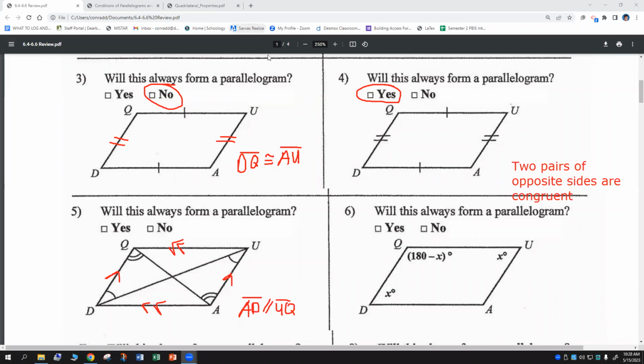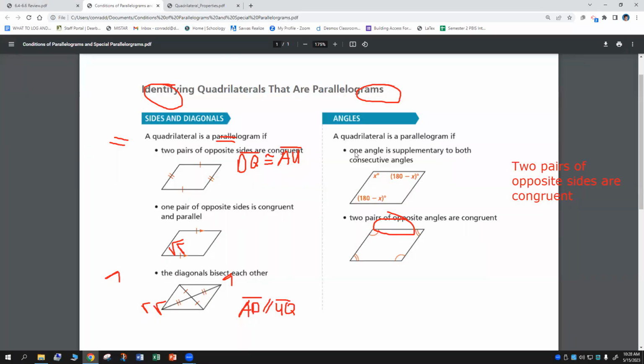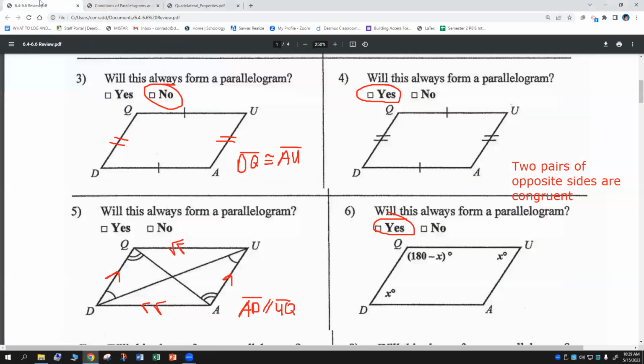All right, number 6 is going to be a yes. We're looking at this one right here. One angle is supplementary to both consecutive angles. So again, this looks just like what it is on the property sheet for us. Angle Q is supplementary with both consecutive angles.